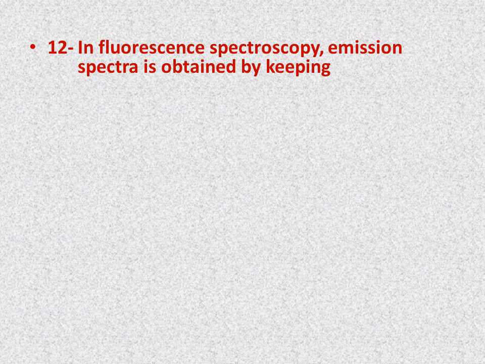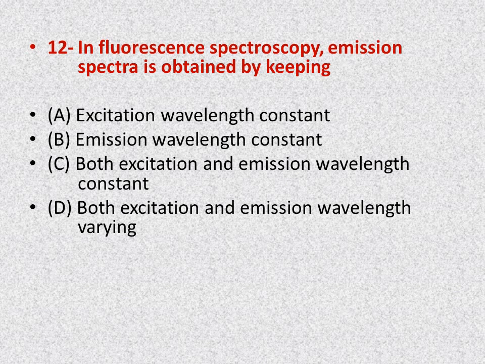Number 12. In fluorescence spectroscopy, emission spectra is obtained by keeping, let's see the options. A, excitation wavelength constant. B, by keeping emission wavelength constant.